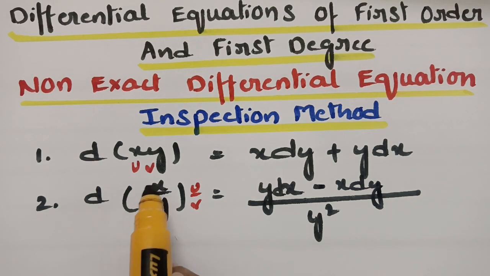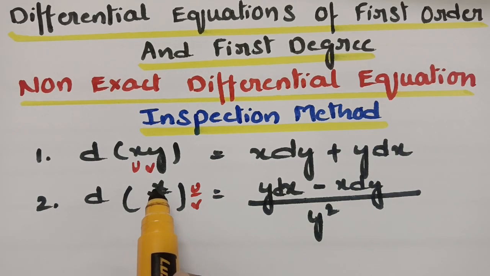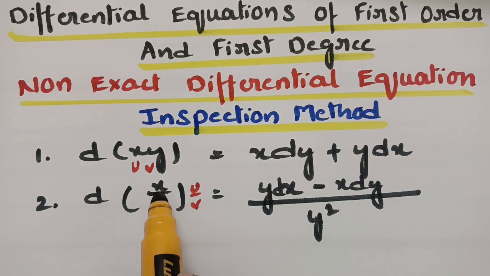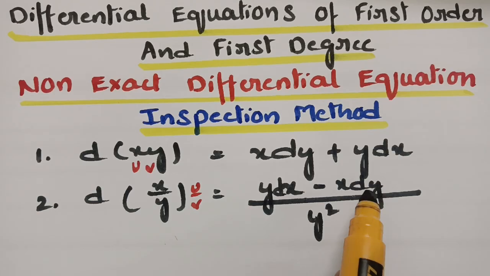So the derivative of x by y is 1 by y square, y dx minus x dy. Remember, whenever it is x in the numerator, we go with y. Very important: if it is x in the numerator, the answer will have the opposite variable first, that is y dx minus x dy.